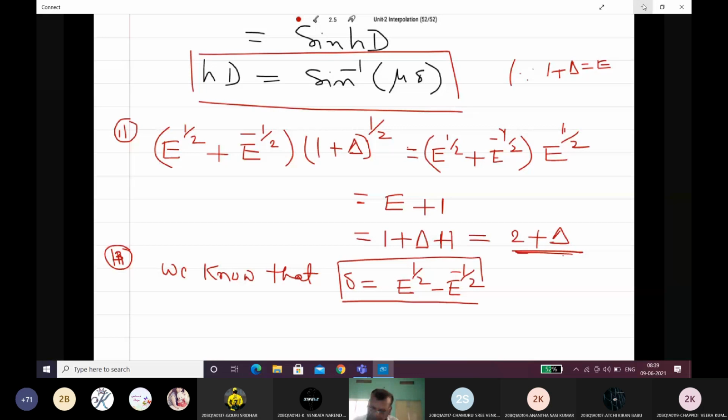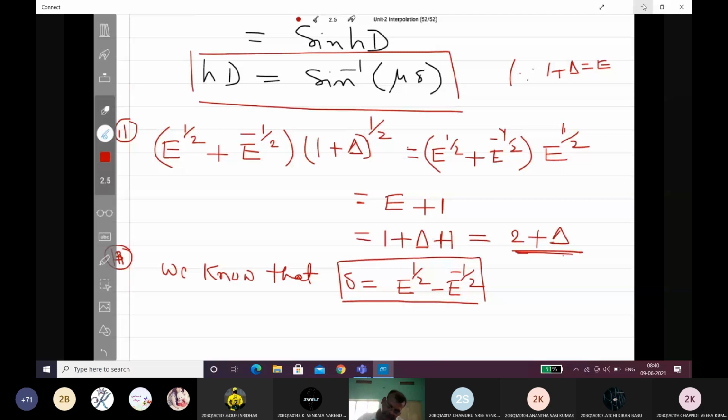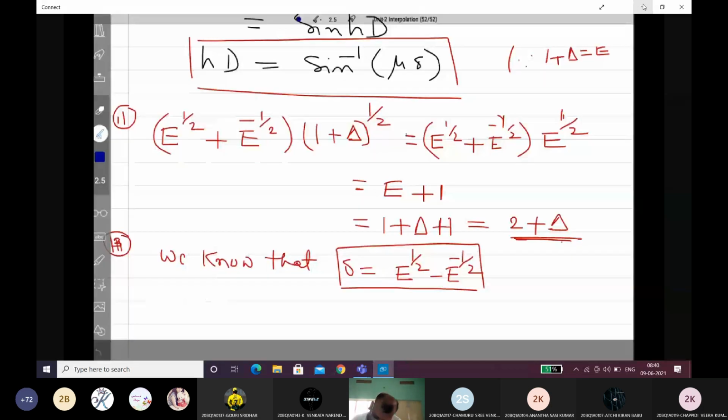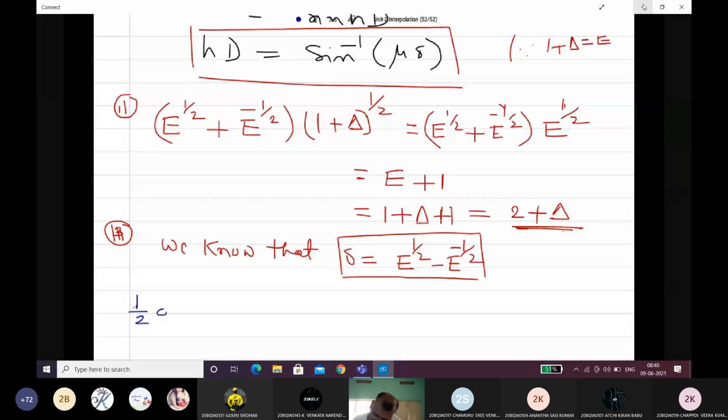Okay. Now take our problem. 1 by 2 delta square plus delta into root over 1 plus delta square by 4. Now we have to substitute the value of delta in terms of e power 1 by 2 minus e power minus 1 by 2 in the right hand side of the given problem.